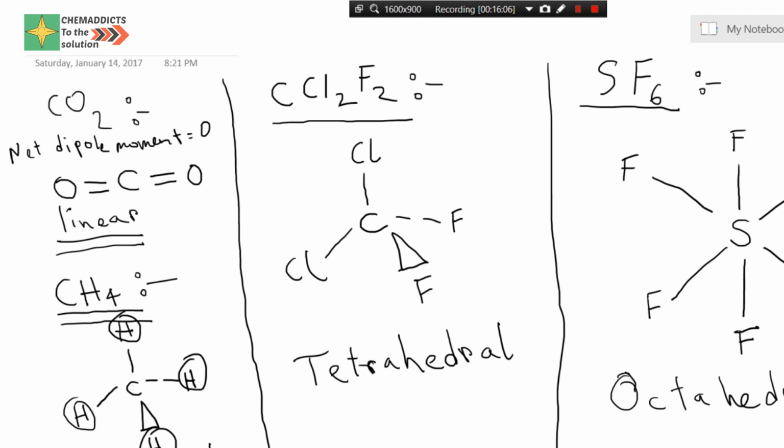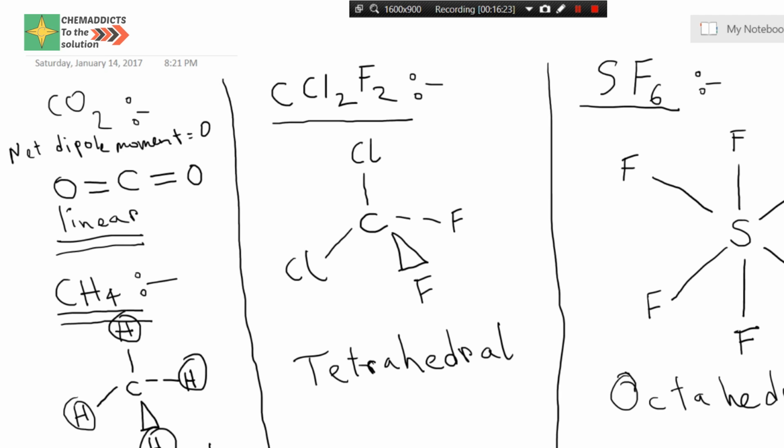Now let's look at the case of methane. Since it is tetrahedral, the net dipole moment of methane would be 0.